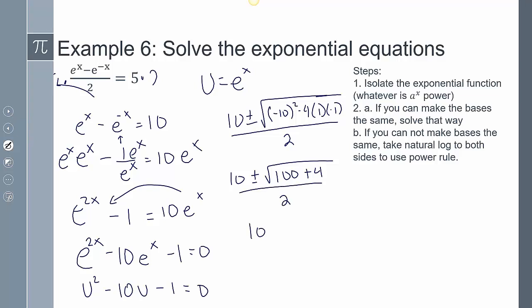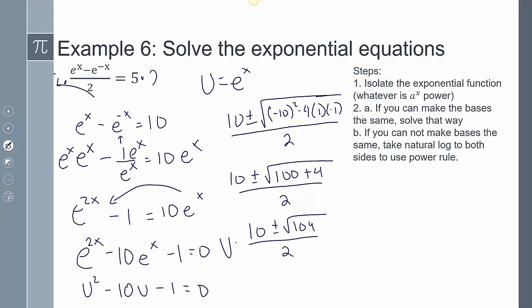So I'm going to get 10 plus or minus the square root of 104 over 2. I'm not going to bother with reducing 104. Even though you can reduce it by a factor of 4, we're going to punch something into our calculator, so there's kind of no point with that.